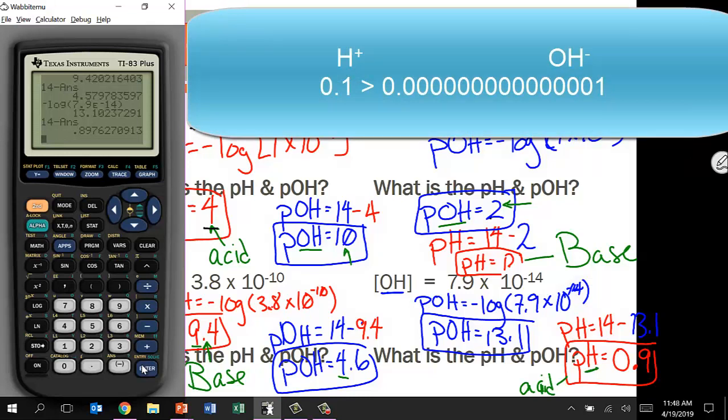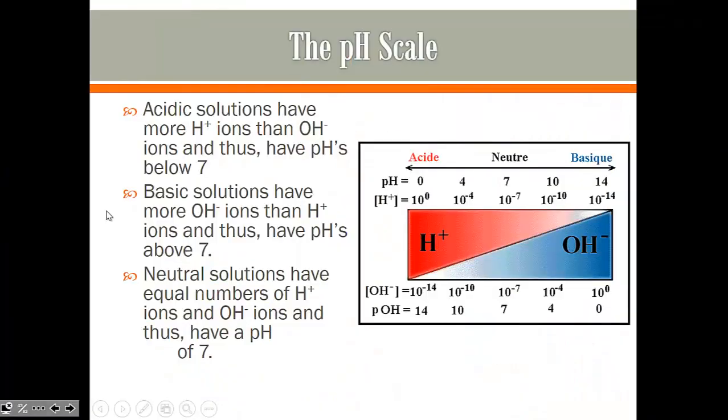So we have way more hydrogen than we do hydroxide, making this an acid. Again, acids have more hydrogen ions than hydroxides. So anything with a pH of less than 7 is an acid. Anything that has more hydroxides than hydrogen ions is a base. And neutral solutions are those found exactly in the middle, exactly 7.